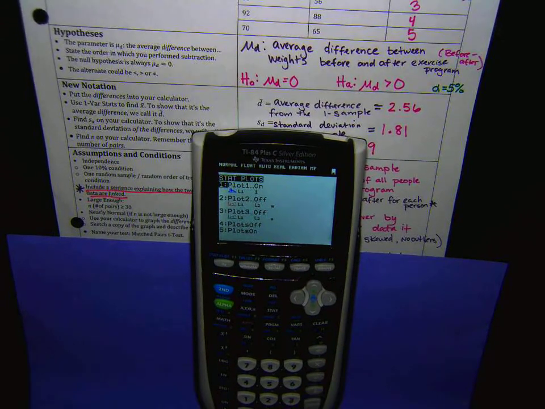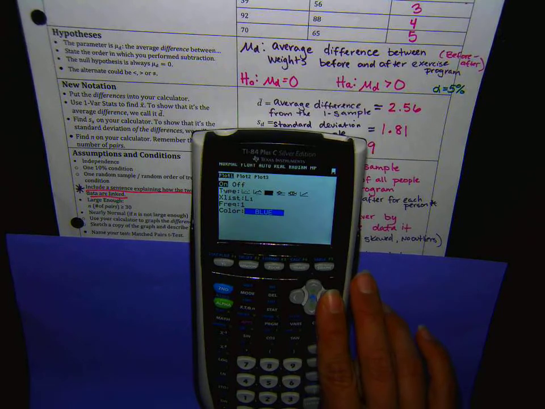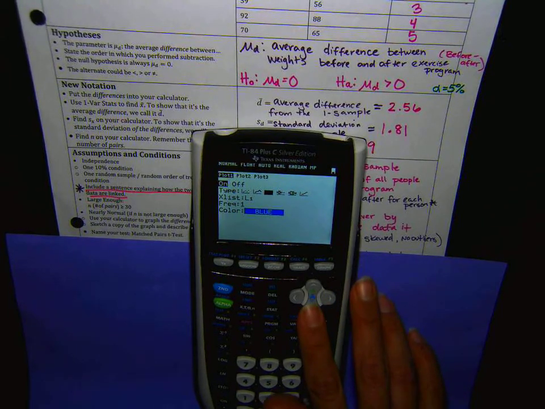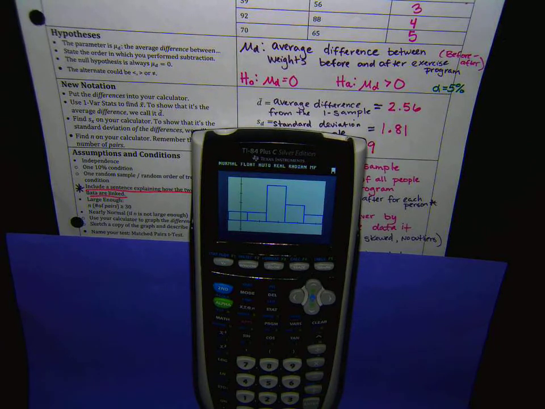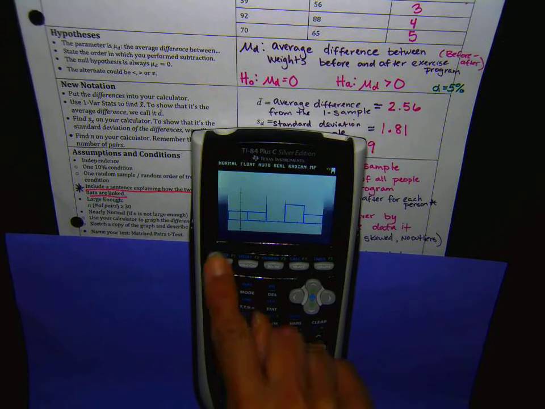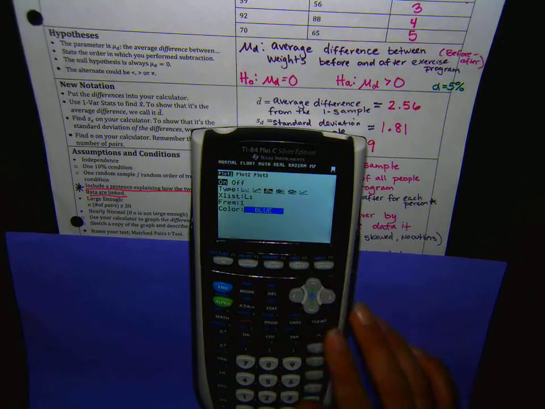There are 3 things to check to see if your sample is nearly normal. The first is a histogram. So I'm going to press Zoom 9 to zoom in on my statistics. Overall, I see this is fairly normal. I don't see any skewness. I don't see any outliers. But I continue by checking the box plot with outliers.